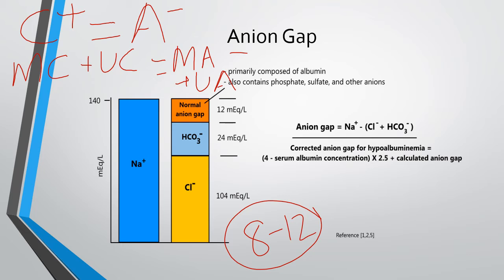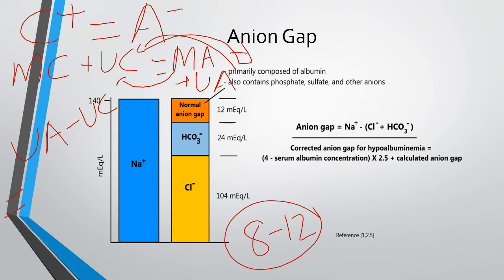It is the difference between unmeasured anions subtracted by unmeasured cations. So if you bring this to this side, you have to bring this to this side.